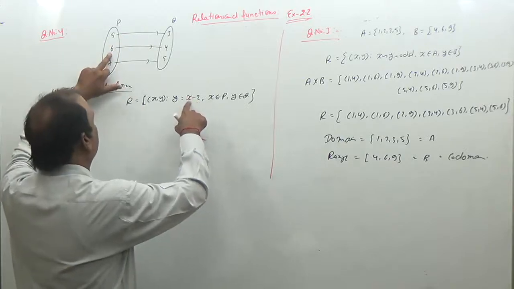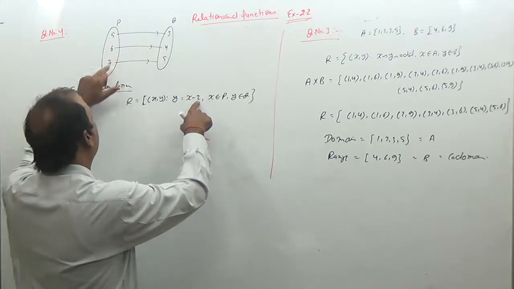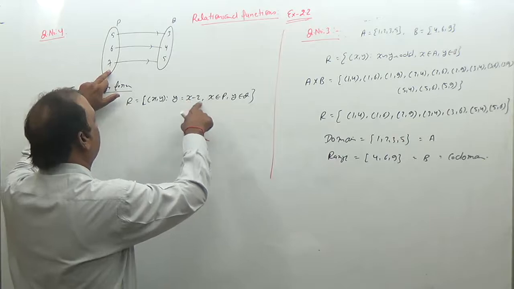When we take x equal to 6, 6 minus 2 is 4. And when we take x equal to 7, 7 minus 2 is 5.